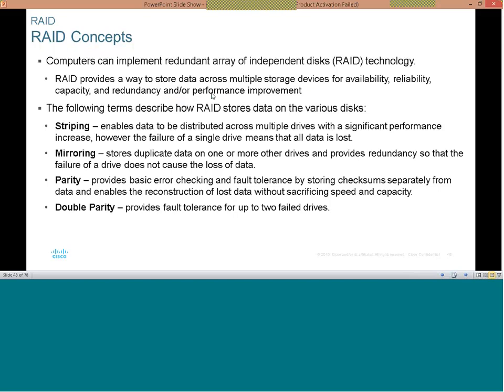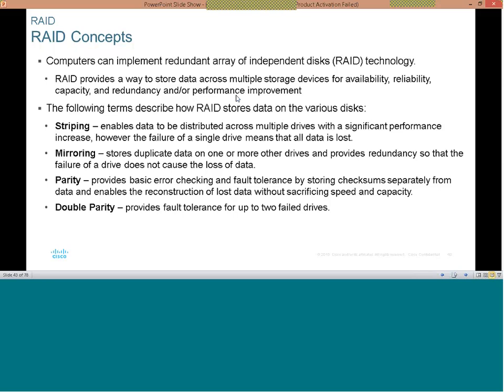The RAID is actually a technology where you have a particular system with arrays of hard drives, and these hard drives can do what we call striping, mirroring, and parity.